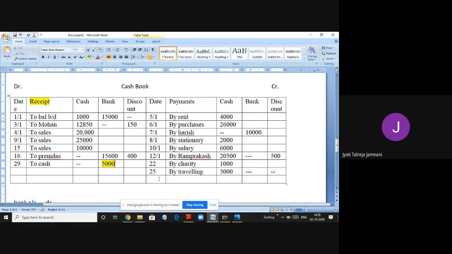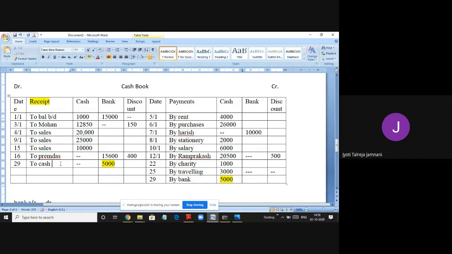And on the credit side on 29, the same day, it is affecting both bank and cash columns. So it will be both on the debit and the credit side. So here we write by bank, and what is going out of business? Cash is going out of business. When you give 5,000 cash in bank, bank will receive, but from business it will go out. So it is there on both the sides, on the debit side in the bank column, on the credit side in the cash column, because bank receives, so receipt side in the bank column, and company pays cash, so payment side in the cash column.